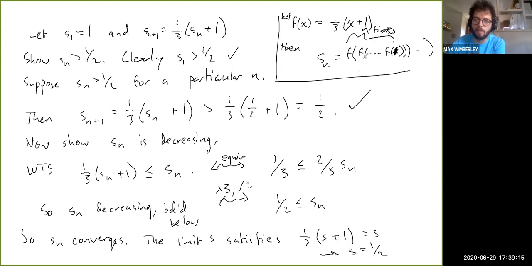That's a goofy way of thinking about it, but you can rigorously prove that whenever you have a situation like this, if f is continuous, specifically it has to be continuous, otherwise it all breaks down, then if this sequence converges, the limit has to be a fixed point of f, where f of the limit equals the limit itself. Anyway, we'll come back to that later, but I think it's an interesting thing.